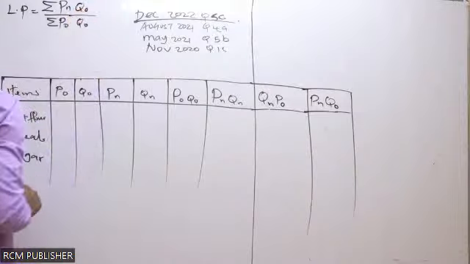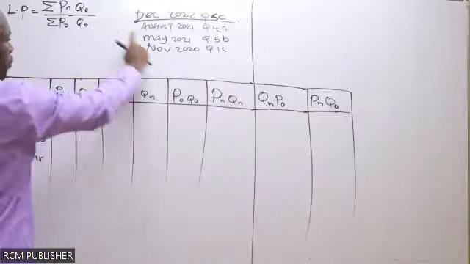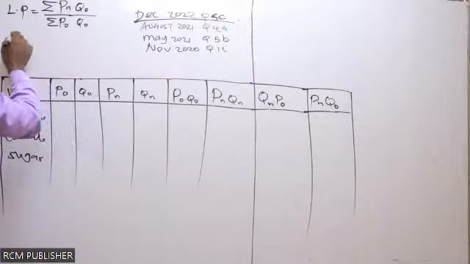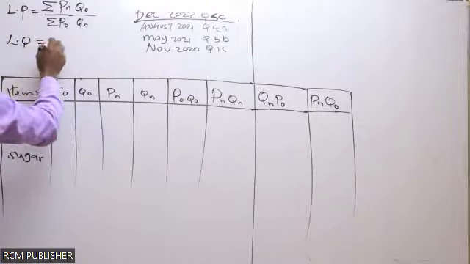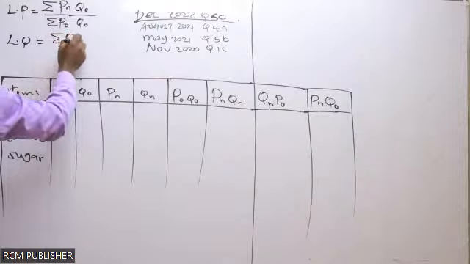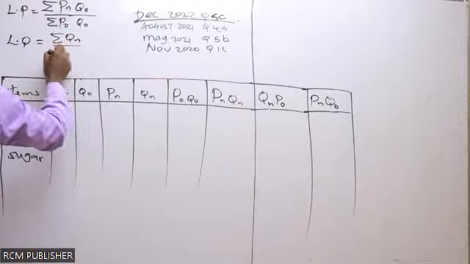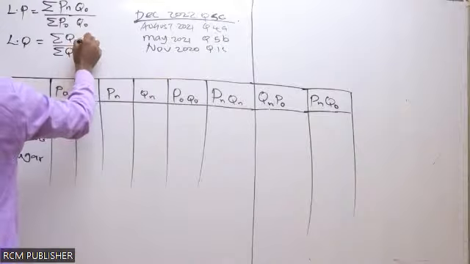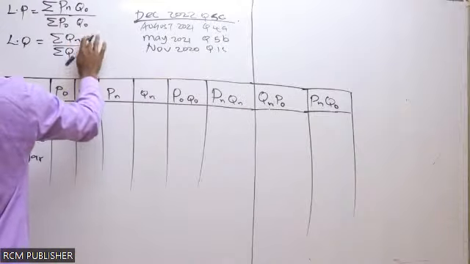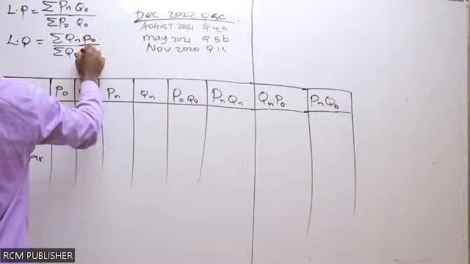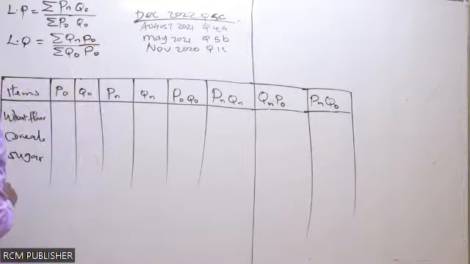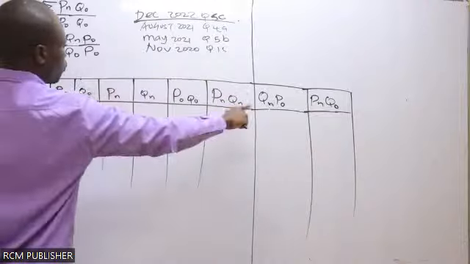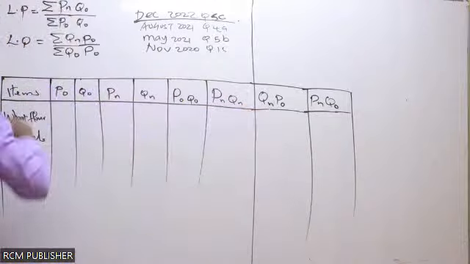That one tells us that we need PN QO, we need POQO. For the Laspeyres quantity index, we need summation of quantity of the current period or period of interest divided by summation of quantity of the previous period, multiplied by weight. So that weight is going to be our PO, which is of the base year or the previous period. So QOPO is going to be used again. QNPO, we now have it there. That is Laspeyres formula.